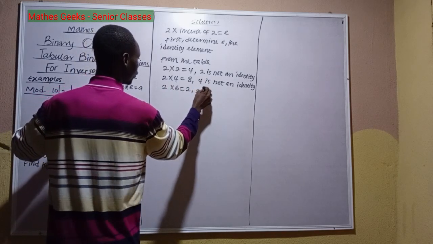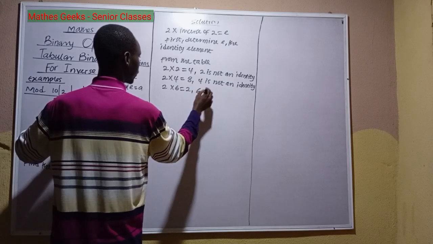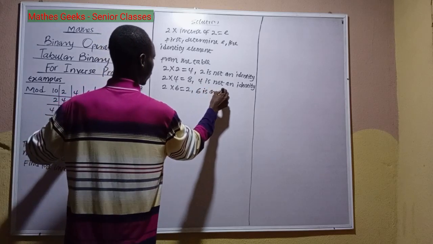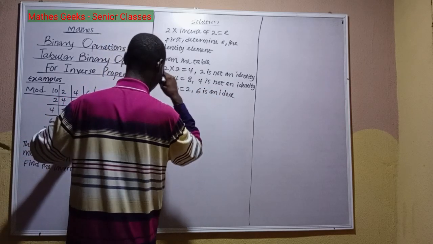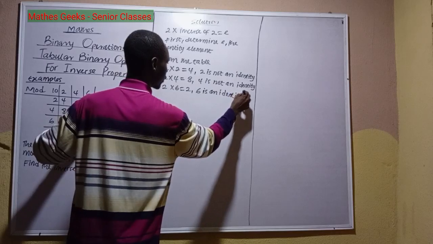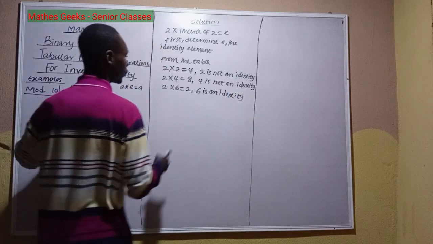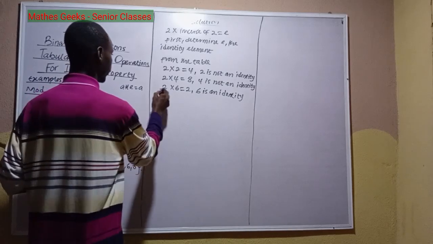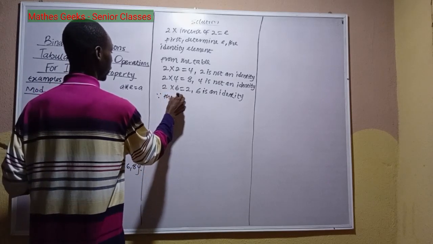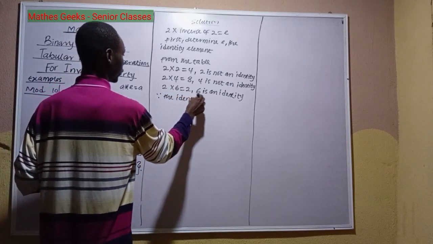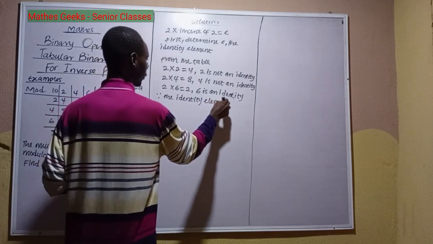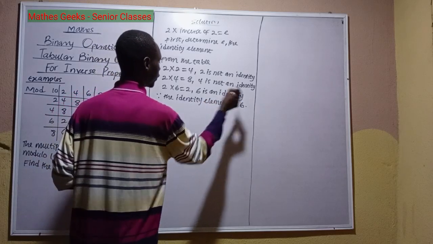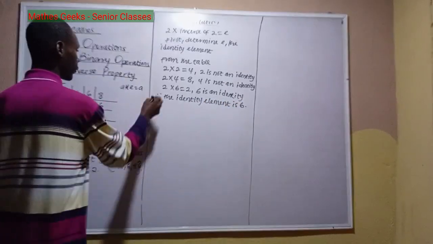So 6 is an identity element. Therefore the identity element is 6.